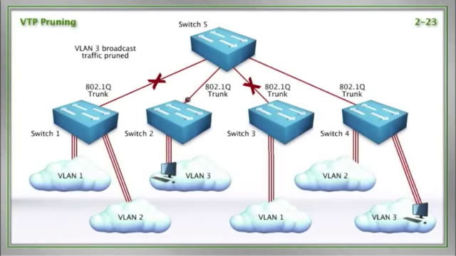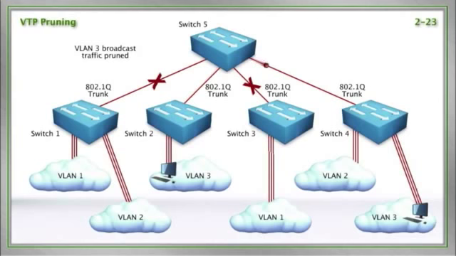VTP pruning, like we're pruning the leaves off of a flower, will dynamically stop the VLAN traffic from going down those other trunk links unnecessarily. Isn't that cool? It's a protocol built into VTP that really adds to the efficiency of our network communications. We don't need to send broadcasts down those other trunk links, and dynamically they will be pruned off.